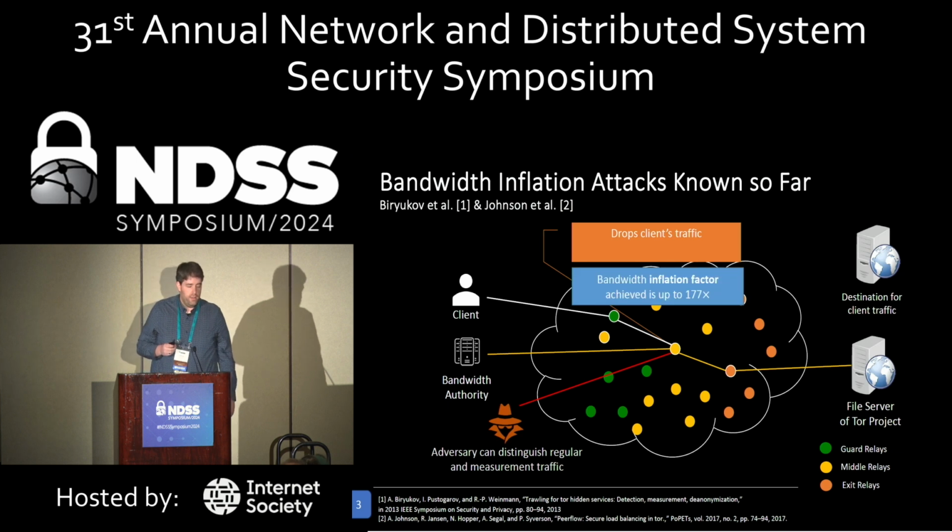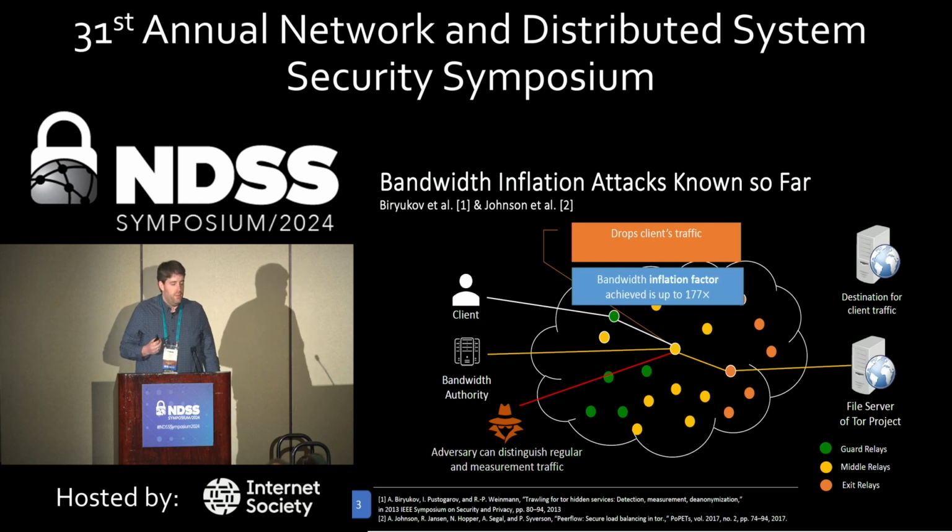Here an important factor is the so-called inflation factor, meaning how much the bandwidth can be increased by the attacker in this scenario. And our attack aims to strengthen this adversary.